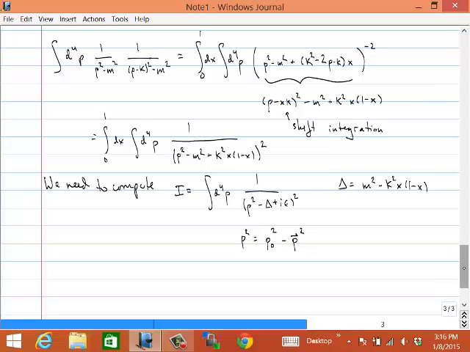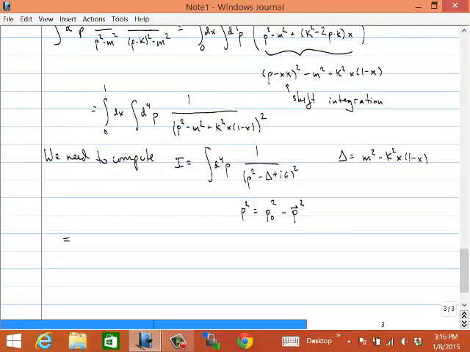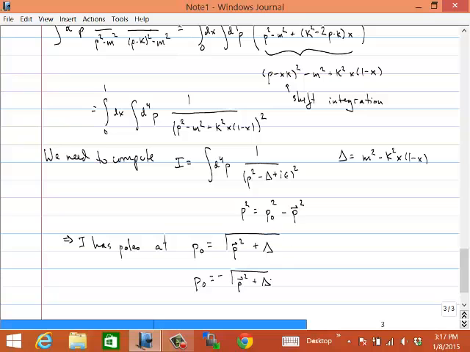And so that means that this integral has poles. One pole when p0 is equal to the square root of p vector squared plus delta, and another pole where p0 is equal to minus the square root of p vector squared plus delta. So when you do that p0 integral, you need to be worried about these poles.